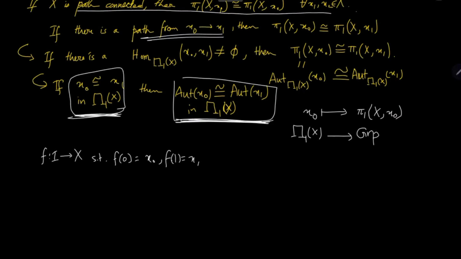If there is a path like this, then there is an inverse path like that, such that this is equal to f of 1 minus t, f of t.